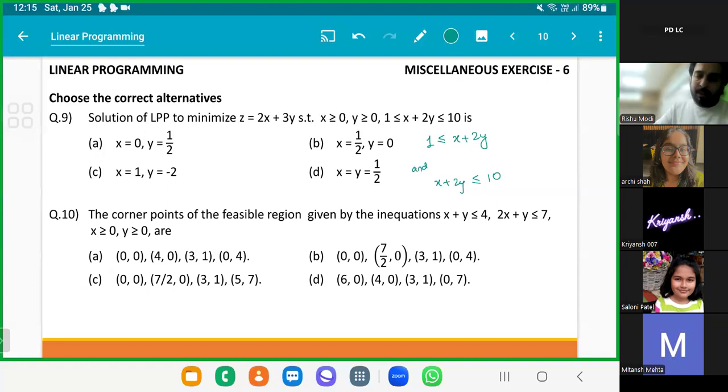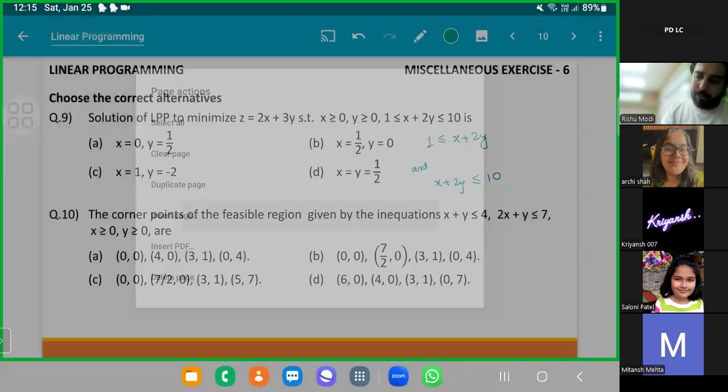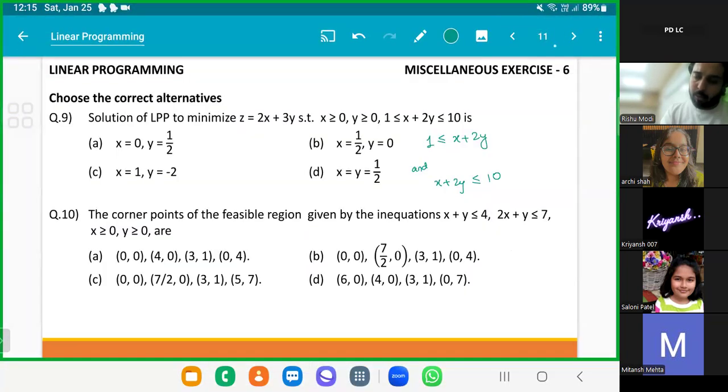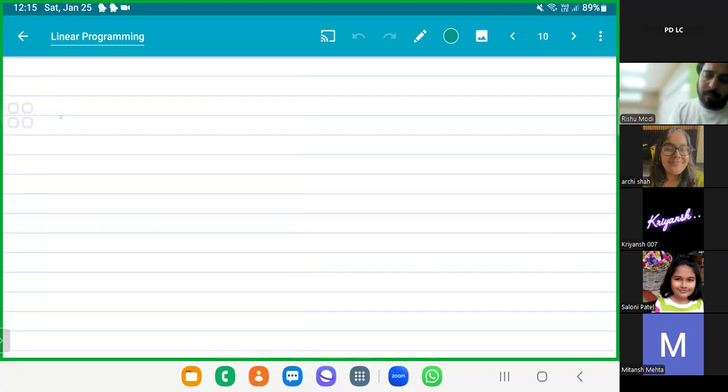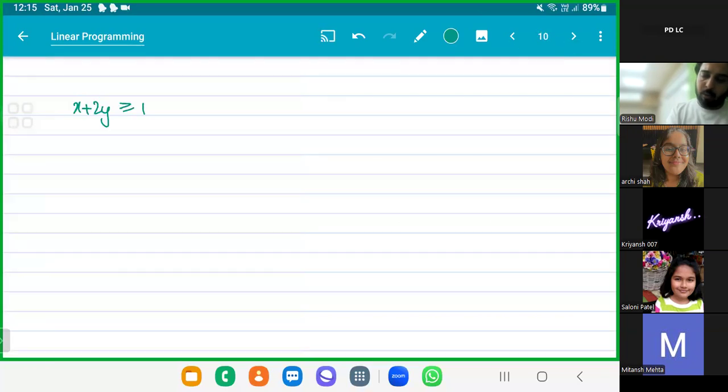Right? So understand this. If I'm drawing the graph of this, I'll just insert a page here and solve that question. x plus 2y is greater than or equal to 1, and x plus 2y less than or equal to 10. Right?